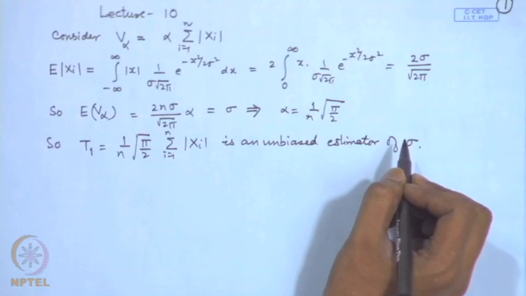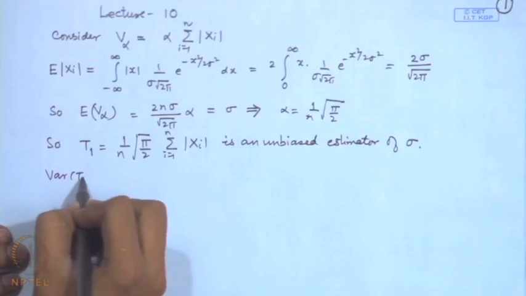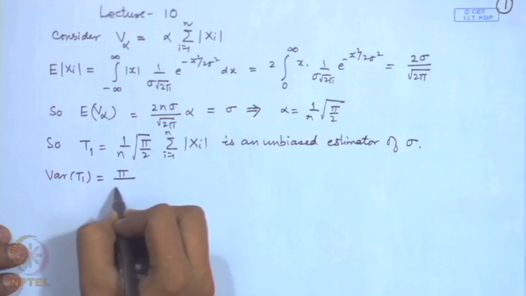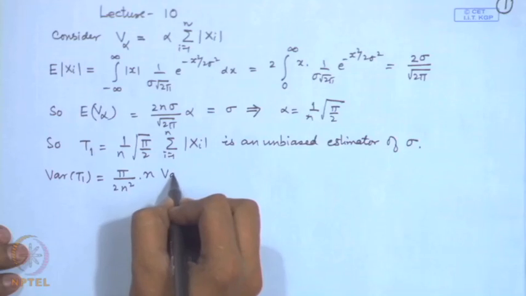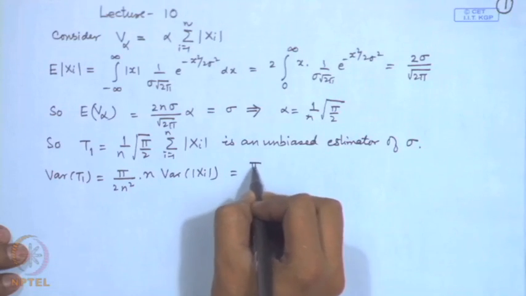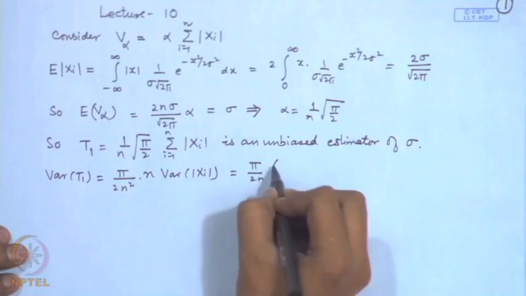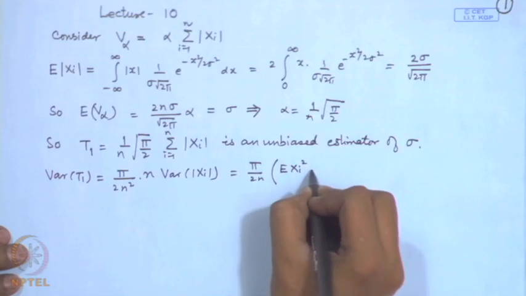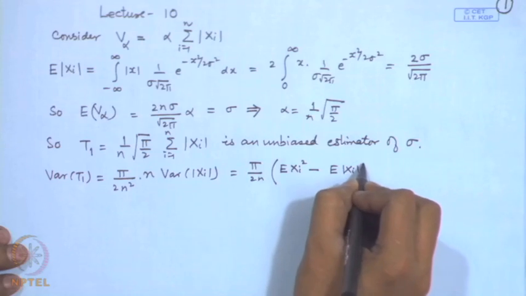Let us look at the variance of T 1. The variance of T 1 will become pi by 2 n square into n times the variance of modulus x i. Now, this becomes pi by 2 n. Now, the variance of modulus x i is the expectation of modulus x i square, that is the expectation of x i square, minus the expectation of modulus x i whole square.